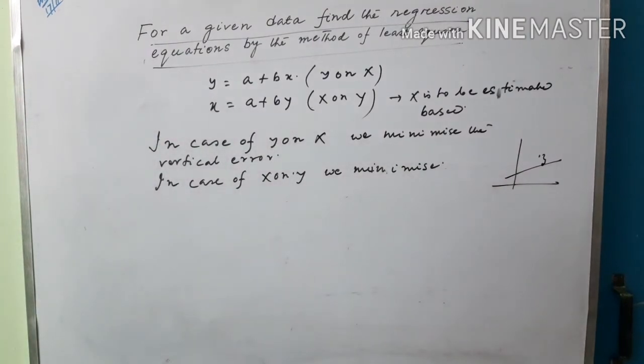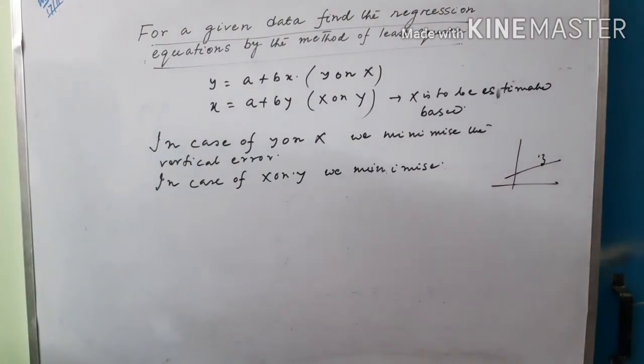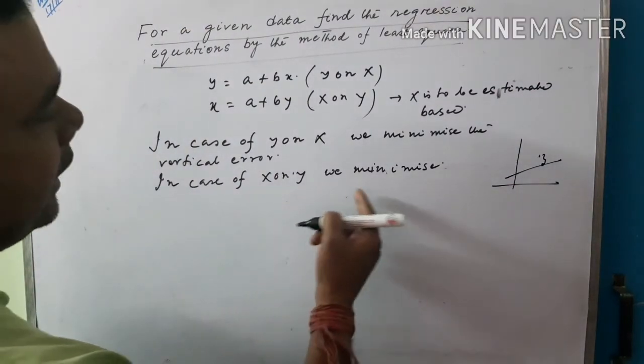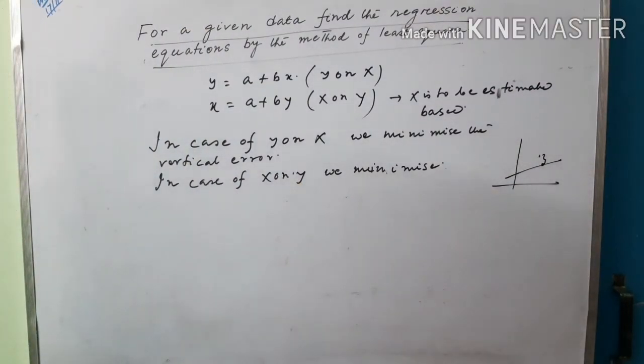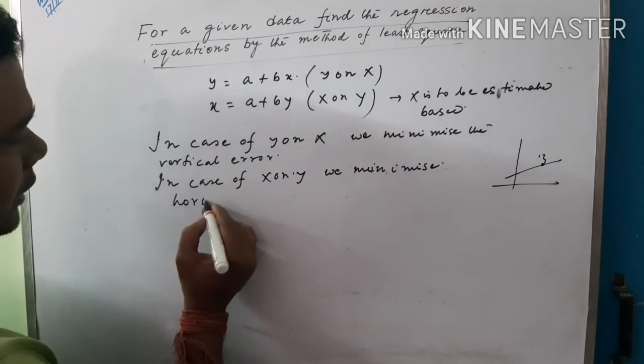So here the error occurs due to the measure of y, and here the error occurs due to the measure of x. So they are horizontal errors.